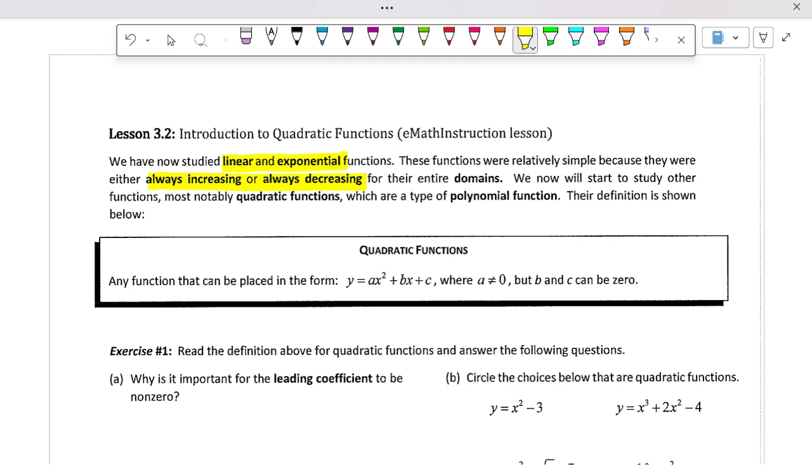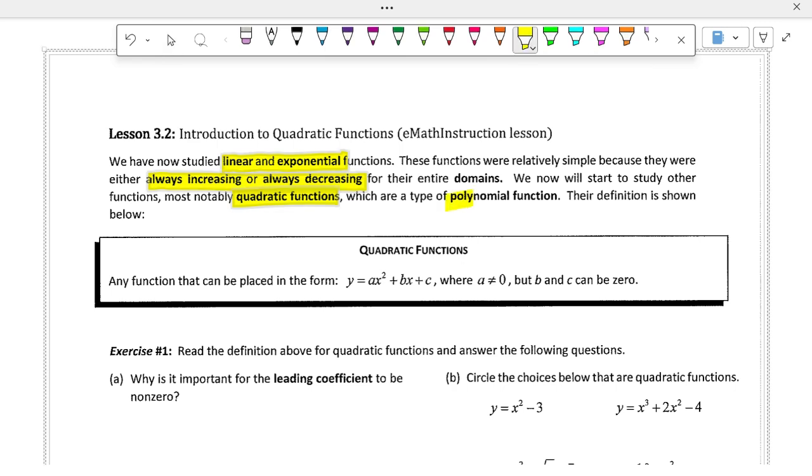But with quadratics, that's not true. Who remembers what a graph of a quadratic function looks like? Just a general shape. It looks like a U, or an upside down U, depending on the way the function's set up.